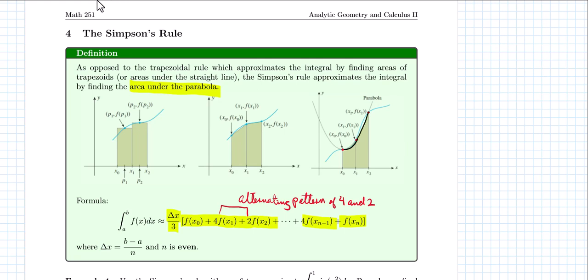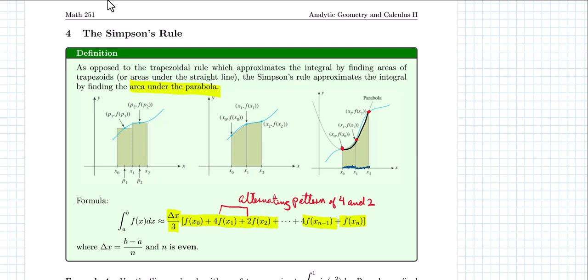Notice that with each of these parabolas, we essentially have 3 points to consider. When we're considering these 3 points, I want you to note that the parabola itself is taking into account 2 subintervals, the interval from x0 to x1 and the interval from x1 to x2.